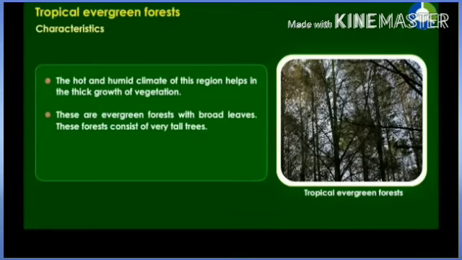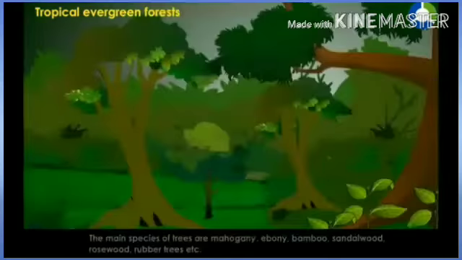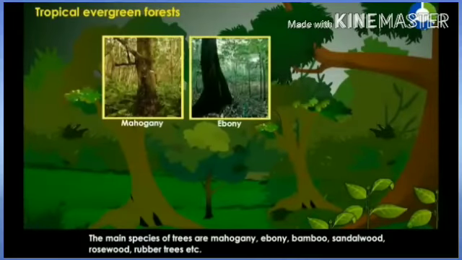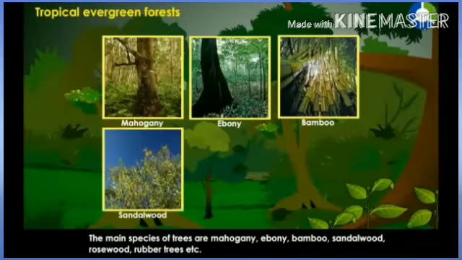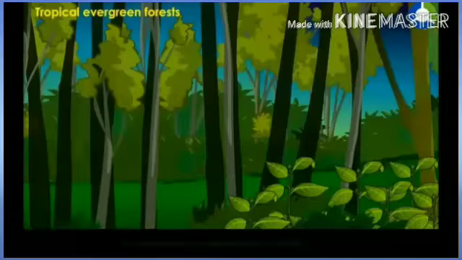These are evergreen forests with broad leaves, and they consist of very tall trees. These forests consist of hardwood trees, and there are creepers which cling around the trees. The main species of the trees are mahogany, ebony, bamboo, sandalwood, rosewood, rubber trees, etc.